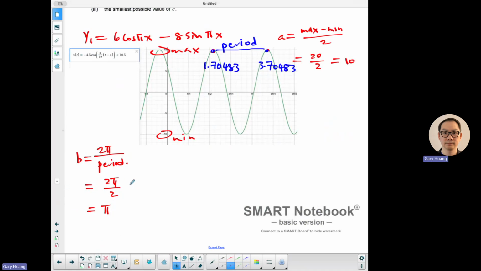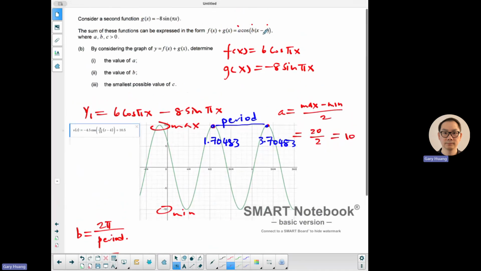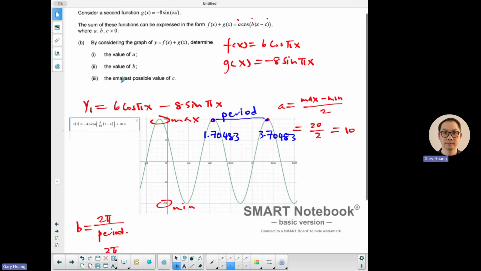Lastly, we want the horizontal shift, which is the c value. It wants the smallest possible, but it's x minus c, so we're shifting to the right. And what function do I have? I have a cosine function. For cosine, we're looking at the top, which is right here.